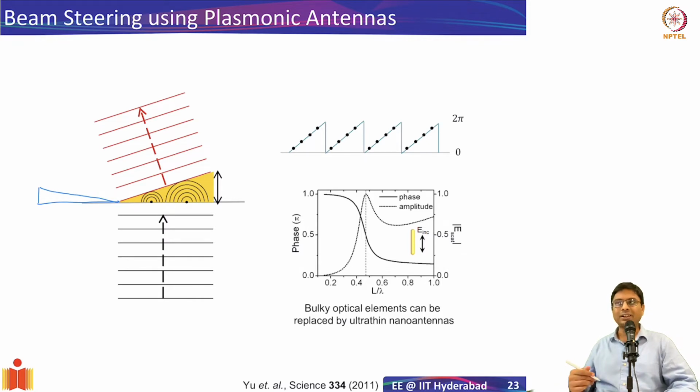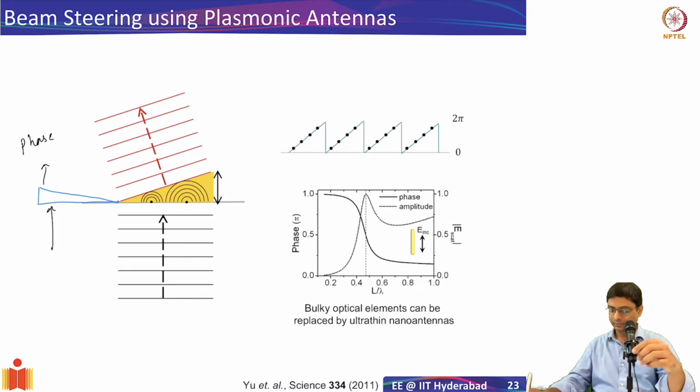Let's say I shine light on this. If I shine light on this edge here, there is a thick piece of glass, so the phase fronts are slowed down, and we saw how the phase fronts propagate in glass.